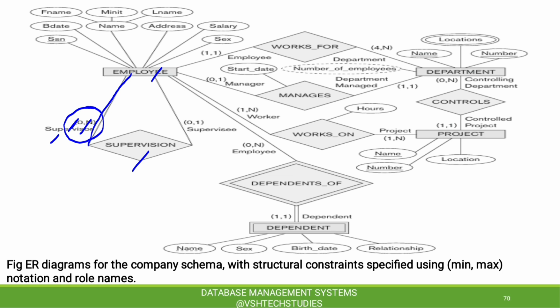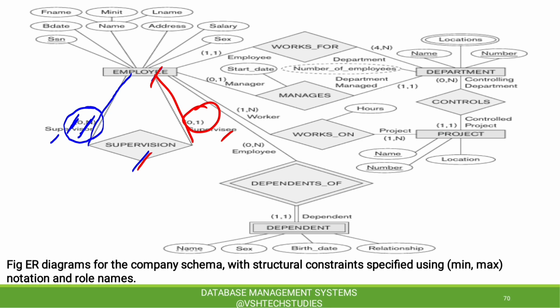So either the employee is just an employee, not a supervisor at all. That is what this 0 means. If at all he is a supervisor, he may supervise any number of employees, that is n number, means any number of employees to the maximum. The other side 0 comma 1 is written on the supervisee role side. It is written on the line joining employee entity with supervision relationship.